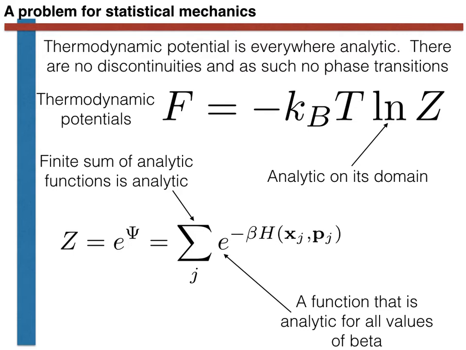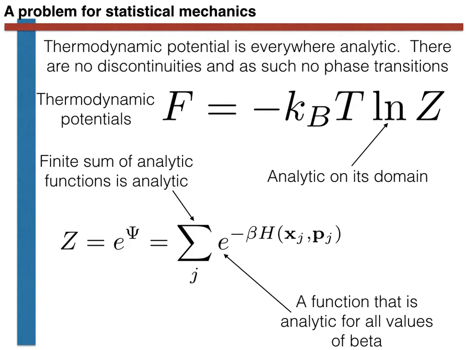The problem was that the thermodynamic potential seemed to be analytic everywhere, and that as such there were no discontinuities and no phase transitions. In fact, there is no way of getting around this logic. Whenever you have a system containing a finite number of atoms, the number of microstates will be finite, and as such the thermodynamic potential will be an analytic function of the thermodynamic variables. Finite-sized systems do not undergo phase transitions.